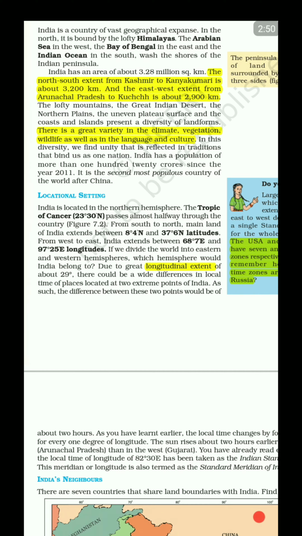But it is not the case with the latitudes, right? And hence, since India is north of the equator, the distance is less. So 30 degree corresponds to 2900 kilometers, but 30 degree latitudinal difference corresponds to 3200 kilometers, right?